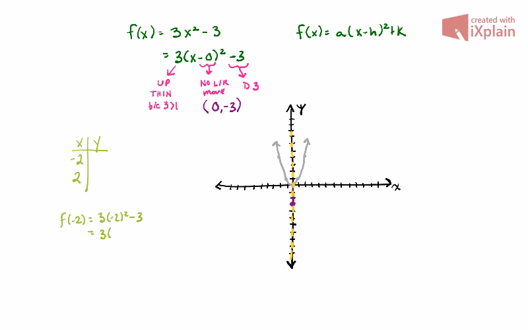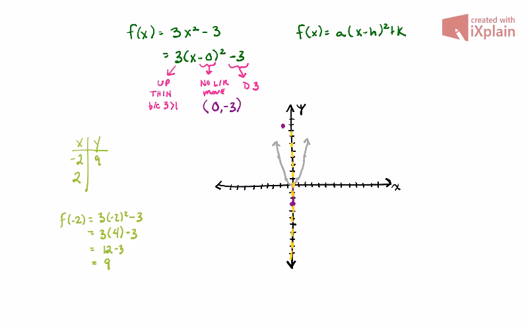It's going to give me 4, so 3 times 4 is 12, minus 3, which is 9. So I would be at -2, 9. So this is going to give me 1, 2, 3, 4, 5, 6, 7, 8, 9. So there is that point.